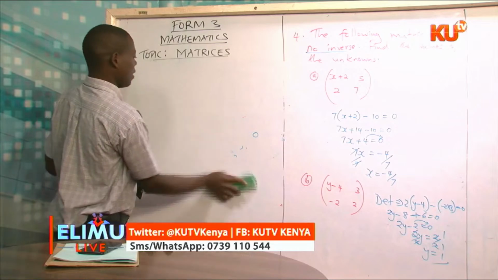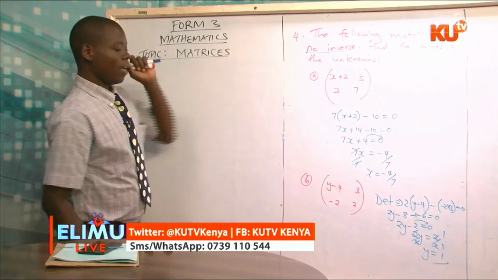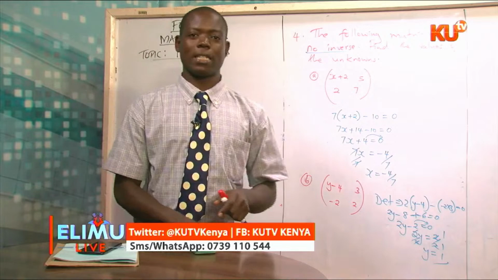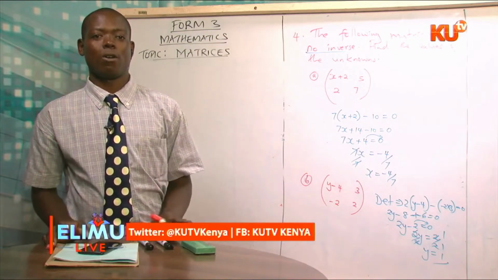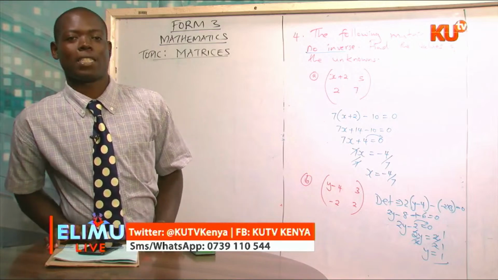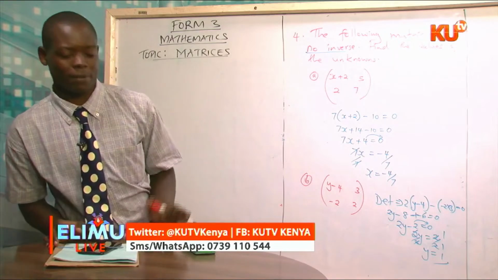So that is the case for the inverse of a matrix, where they have mentioned the aspect of no inverse to imply they are singular matrices.